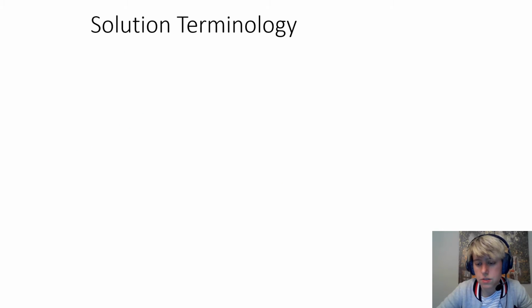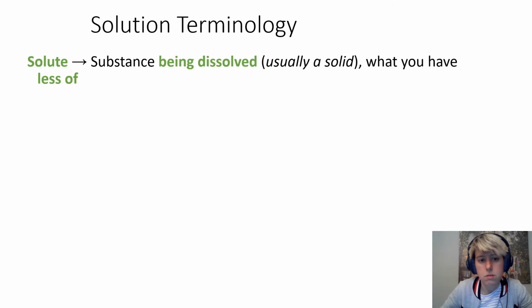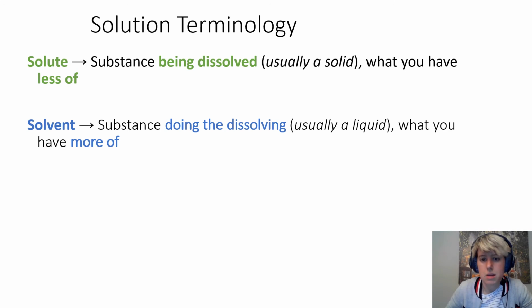Now, if we're looking at solution terminology, we actually have two key terms that we need to remember. The solute is the substance that is being dissolved. Normally it's usually a solid, but it could also be a liquid or a gas. It doesn't matter, but it's the substance that is being dissolved, and it's the substance that you have less of. Whereas the solvent is the substance that is doing the dissolving, and it's the substance that you have more of in your solution.